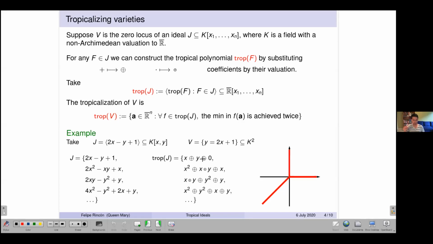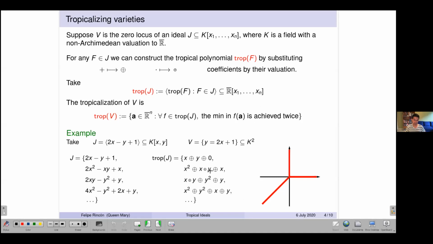You close it under addition and multiplication by external polynomials, so you actually get an ideal in the tropical polynomial semiring. And then you require the condition that for all these polynomials in that tropical ideal, the minimum should be attained twice.